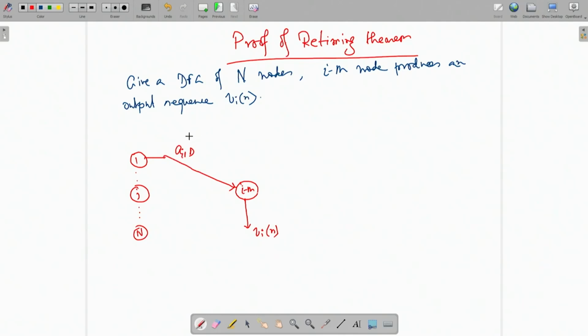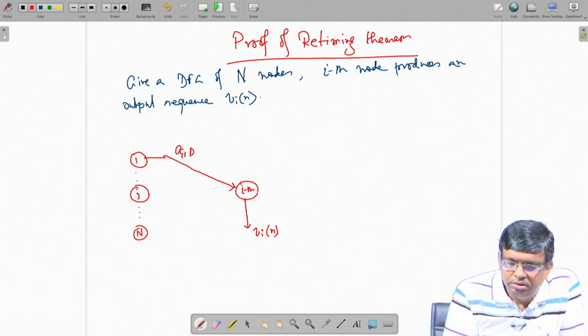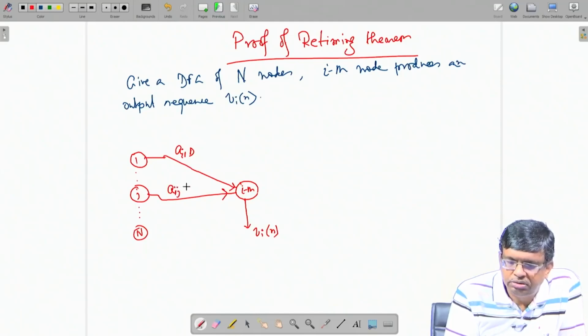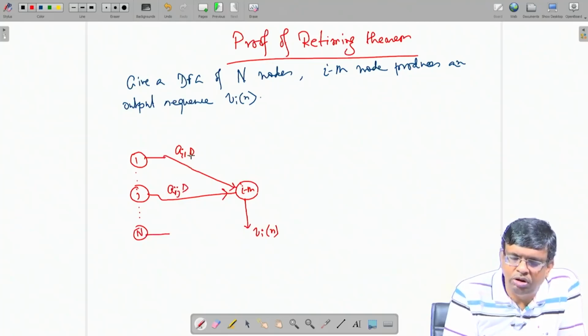Okay. All right. And similarly, from every node j I am taking a possibility, this will be AIj D. Again, this can be 0, 1, 2, 3 or infinity. Infinity means no connection.